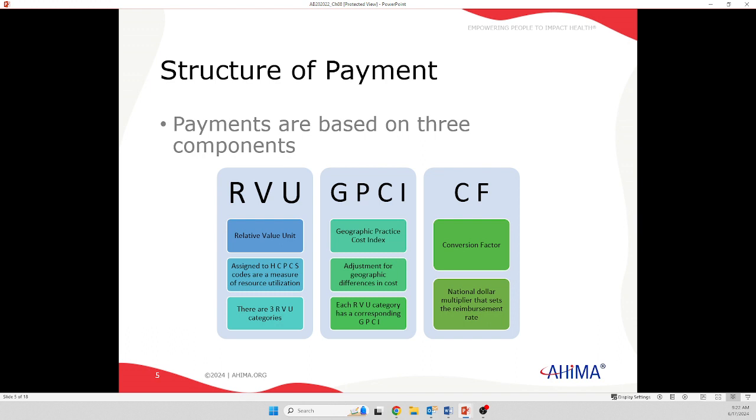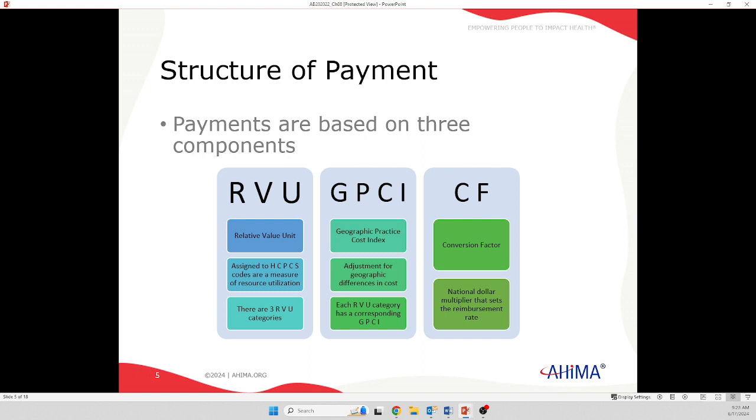Next, we have the GPCI, which is the Geographic Practice Cost Index, and that's where we make an adjustment because of the differing cost. Remember that, as we've talked about throughout this course, cost varies based on the location or what area of the country that you're located in. So each RVU has a corresponding GPCI.